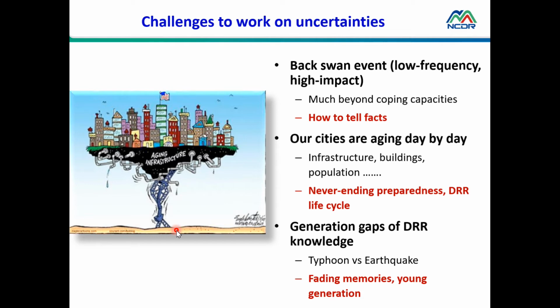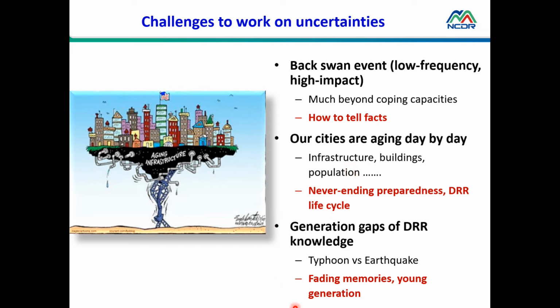When we talk about population structure, our city is getting old day by day. So how to tell the facts about these things? For DRR, for emergency preparedness and response, it is a kind of never-ending story. We have to solve the problem here and especially consider aging infrastructure.